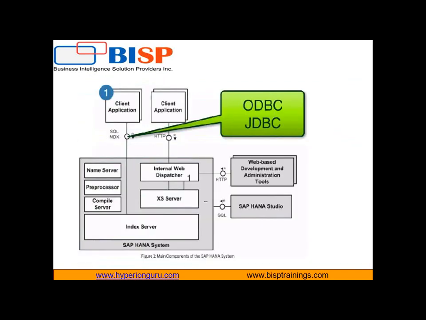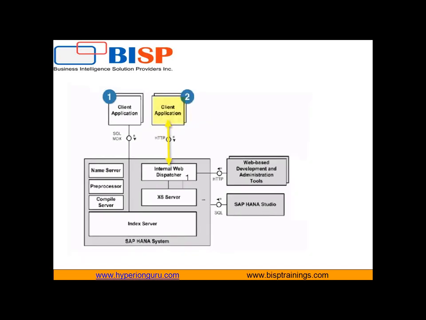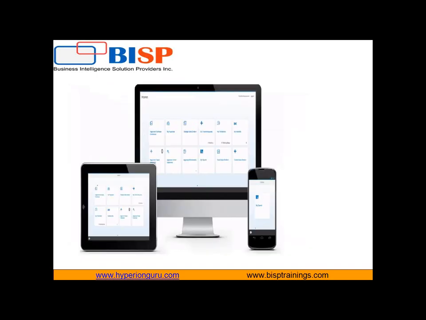The same thing I have mentioned very clearly. And then this MDX is nothing but it can be an ODBC connectivity or it can be a JDBC connectivity. We will establish these connections while we make a client application available for the database. Same thing with the web-based.